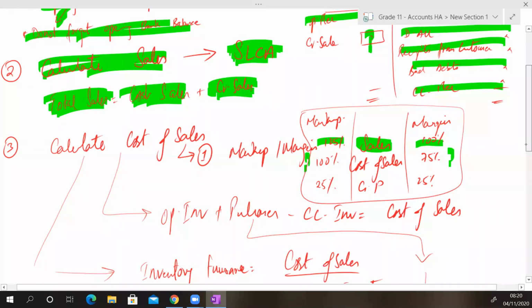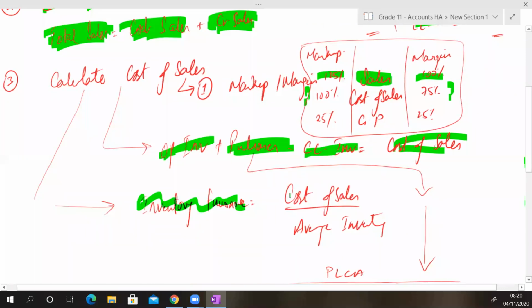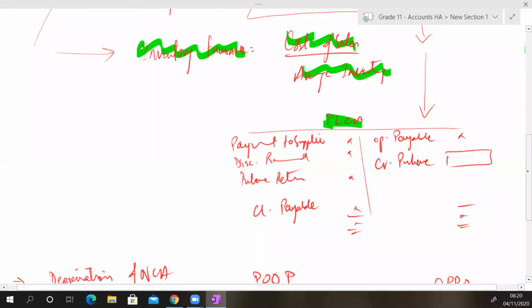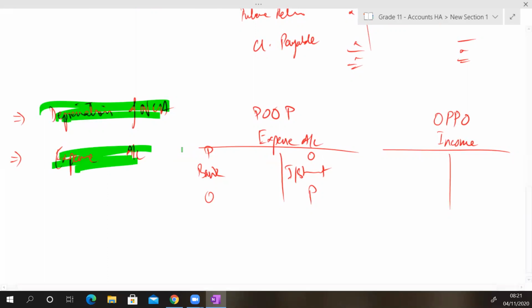If not, cost of sales could be opening inventory plus purchases minus closing inventory. If not even that, you can use the inventory turnover formula, which is cost of sales upon average inventory. That way cost of sales will also come. And for purchases you can prepare the PLCA. Other expenses in the question could be depreciation of a non-current asset or an expense account. These could also be required, depending on the nature and type of the question. Any question?